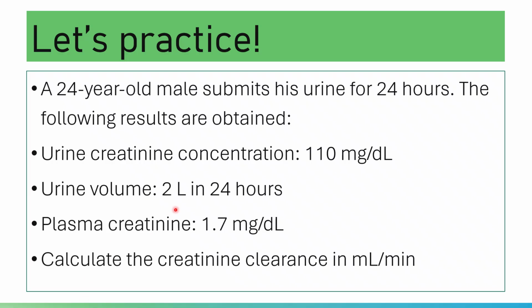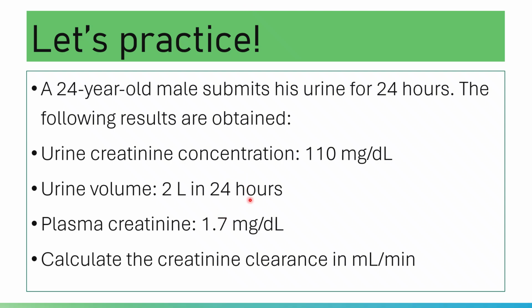First, you need to convert the 2 liters into ml per minute. How many ml are there in 1 liter? You have 1,000 ml. So 2 liters is 2,000 ml.